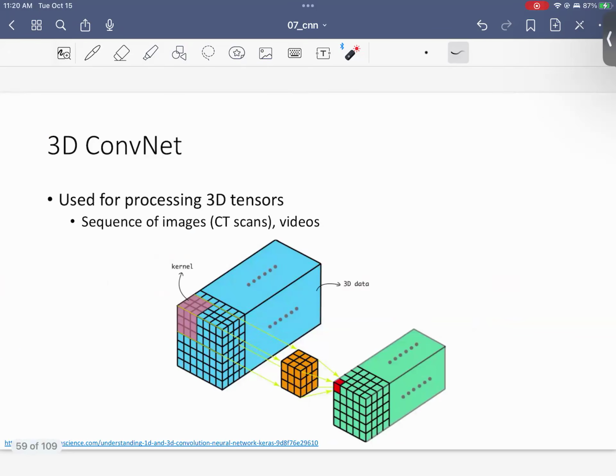You can also have 3D convolution, if you are dealing with 3-dimensional spatial images, such as videos, where the third dimension would be time, or CT scans, like MRI or CT scans, which are truly 3-dimensional images. You can use 3D conv.